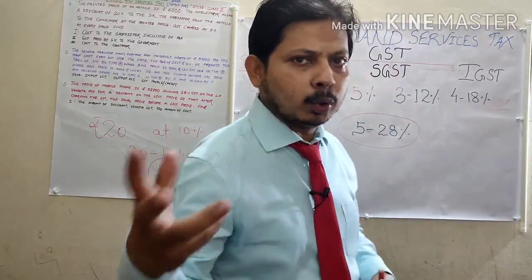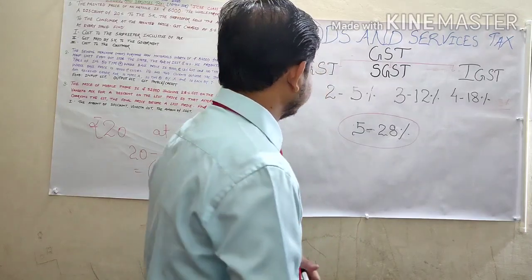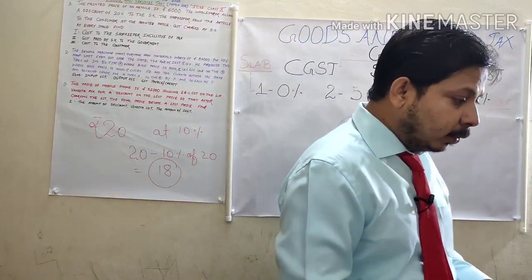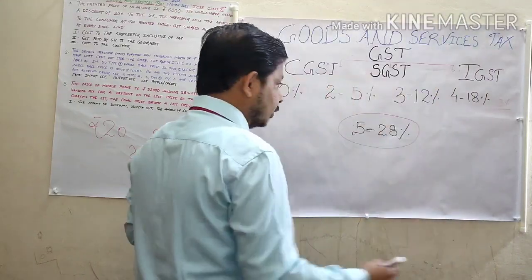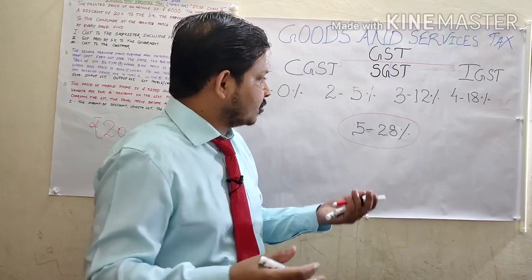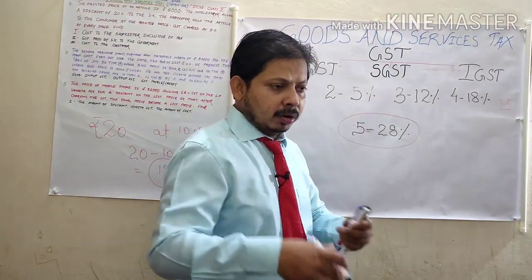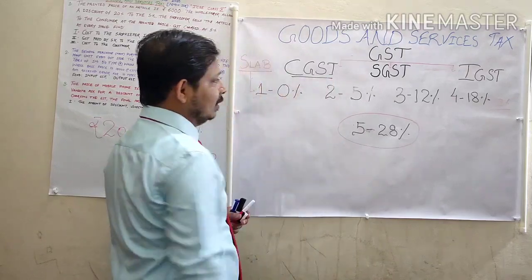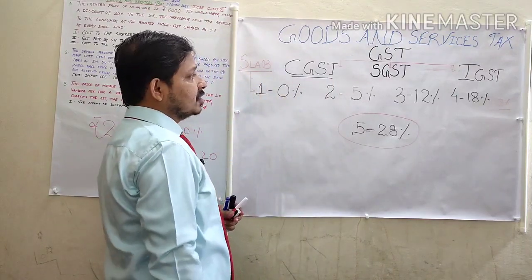We will discuss these things in the questions also. Now, goods and service tax. We know that we are living in a federalism structure, with a state government. So this is CGST, central goods and service tax.